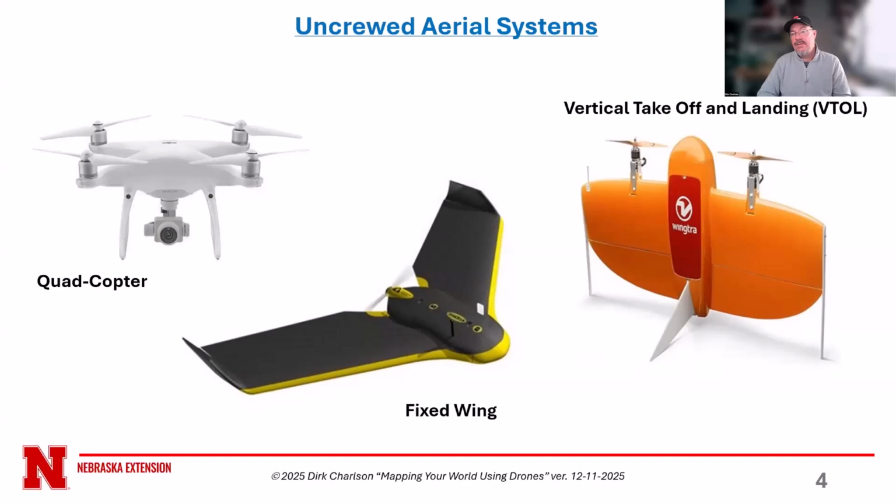Prior to the rotary wing, we had fixed wing drones, your model airplanes. The advantage of a fixed wing drone is that it can have longer battery life because it doesn't take as much energy for that drone to fly.